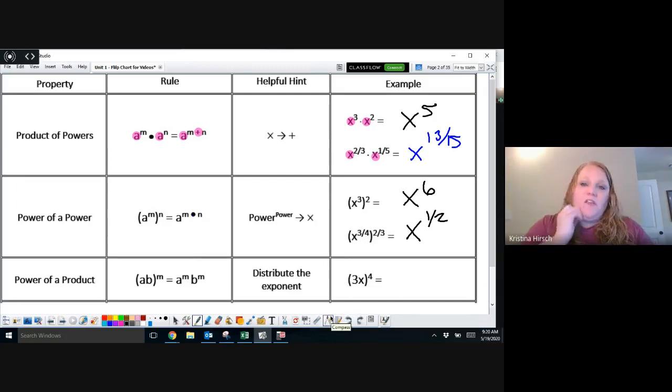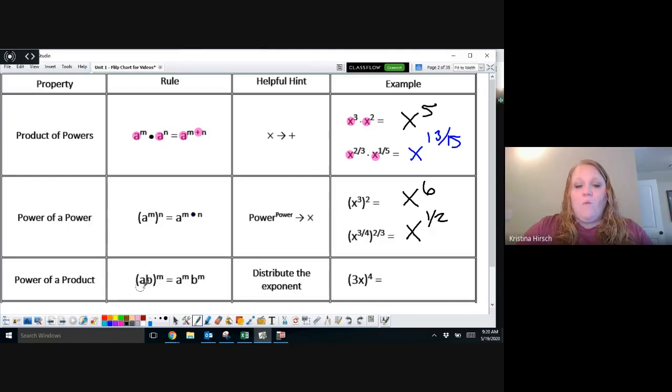The third property is power of a product. That means that you have 2 things in parentheses, or 3 things, or 4 things, but basically all of these are being multiplied. Like the A and the B are being multiplied.